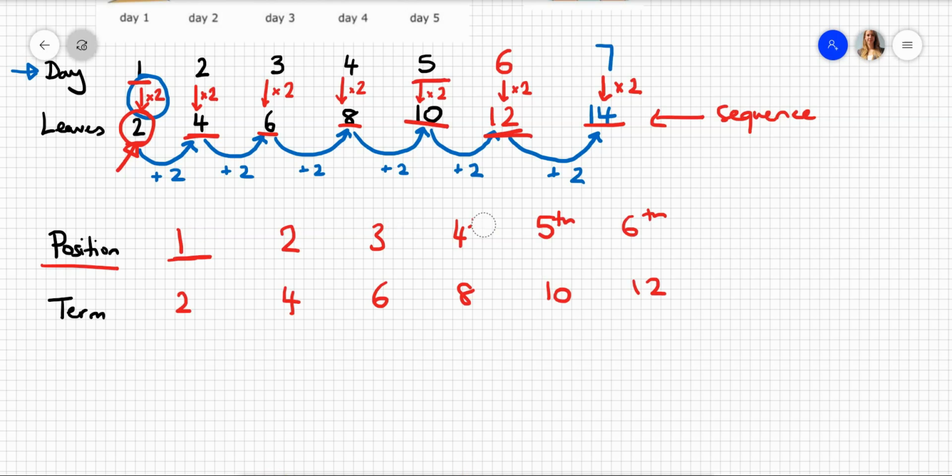I just put that in there to make it a little bit more obvious at first. But we'll say the position of the term is just where it lies in the sequence. So this one is in position 1, this one is in position 2, position 3, 4, 5, 6. So this is the position, and then this is the sequence, and those numbers are the terms.